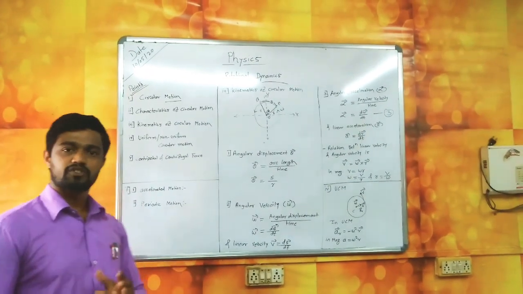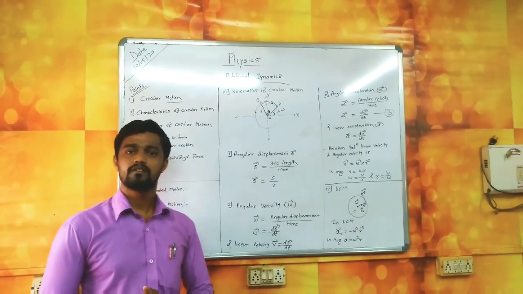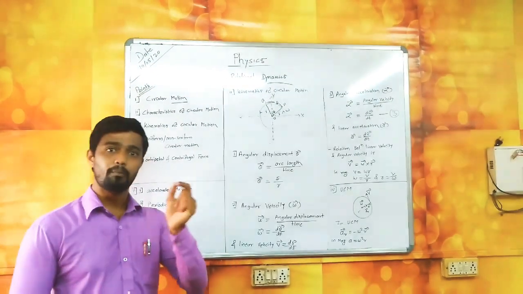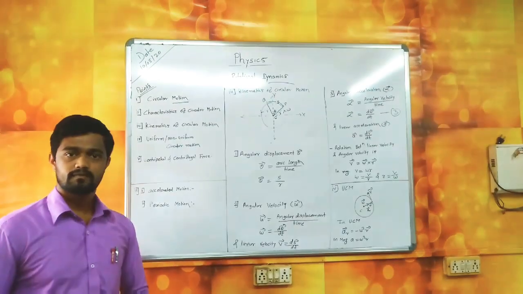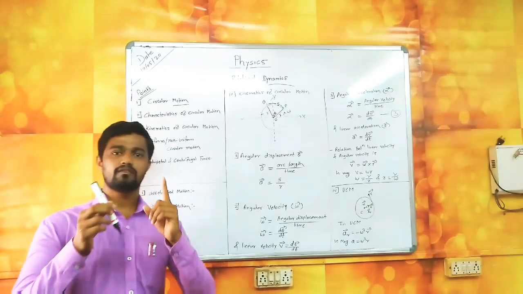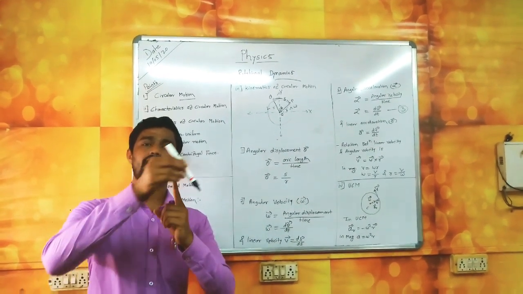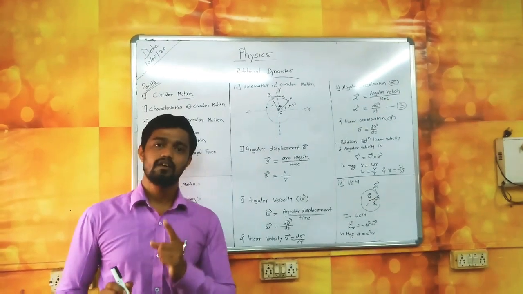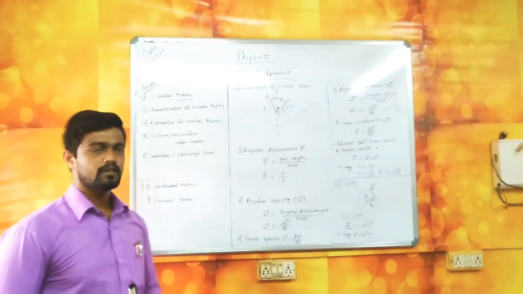First, circular motion. So, what do you know about motion? Motion is called movement of a particle. When there are two particles and one particle revolves around the other particle, then it is called rotational motion.